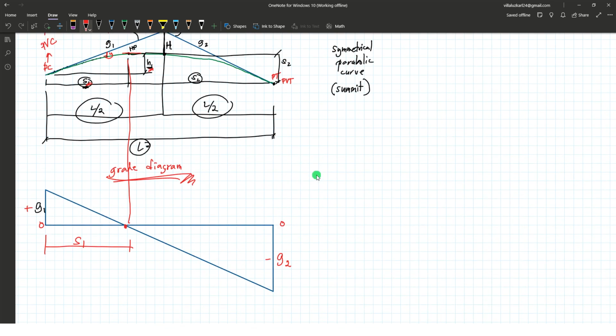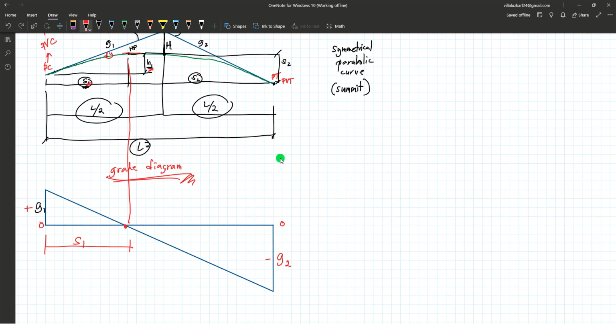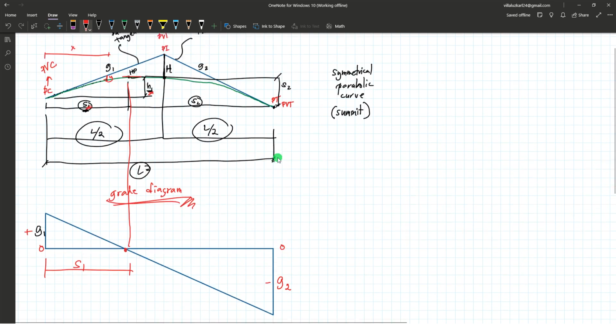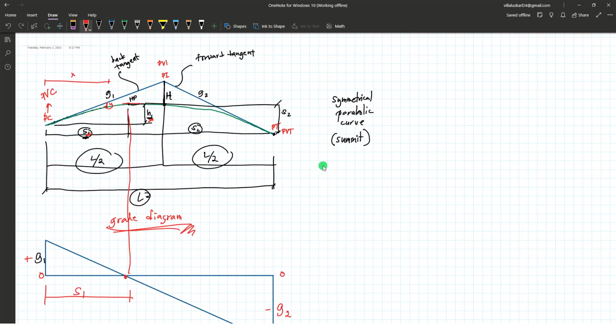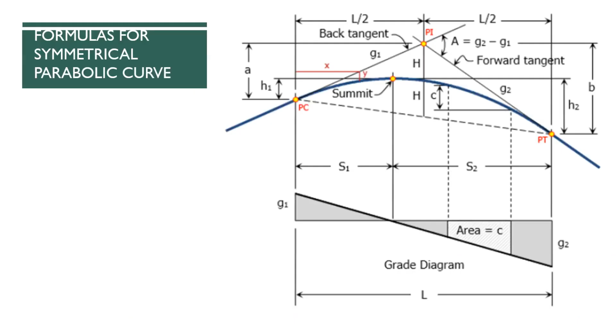I will have a separate video on how the formulas are derived. So in this video, I will just present the formulas used in a symmetrical parabolic curve. Let's proceed and discuss now the formulas that we will use.